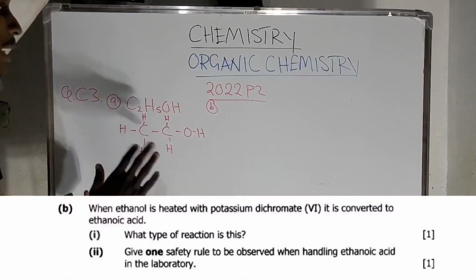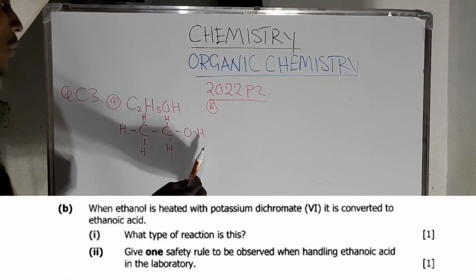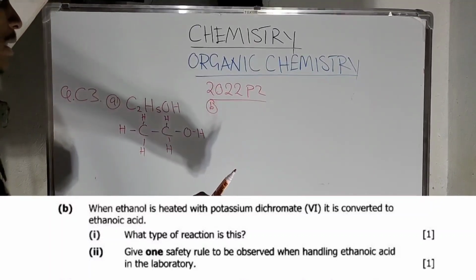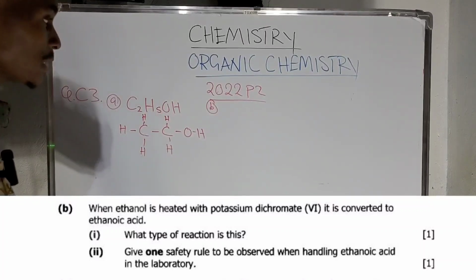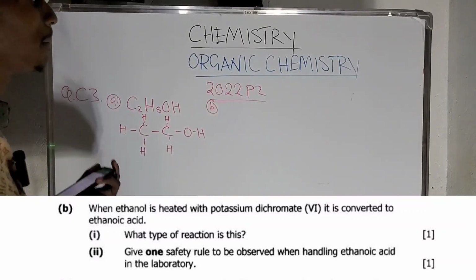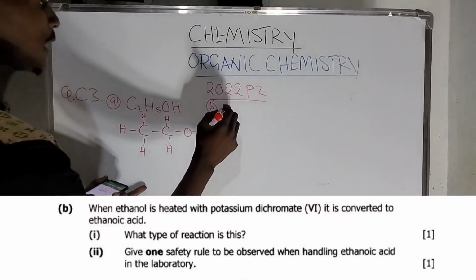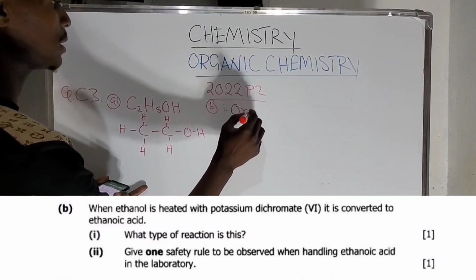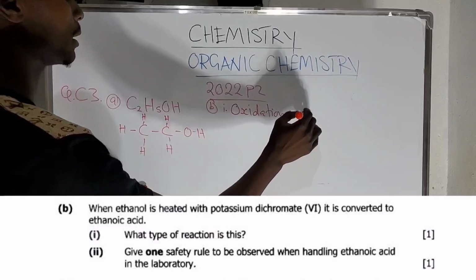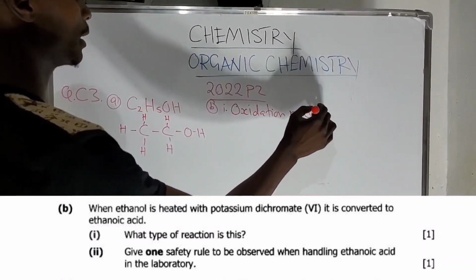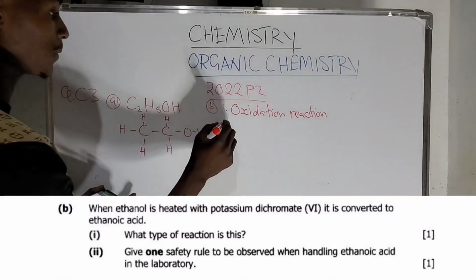Ethanol undergoes oxidation, forming ethanoic acid, and when you use potassium dichromate(VI), not 7, you also form ethanoic acid. What type of reaction is this? This is an oxidation reaction.